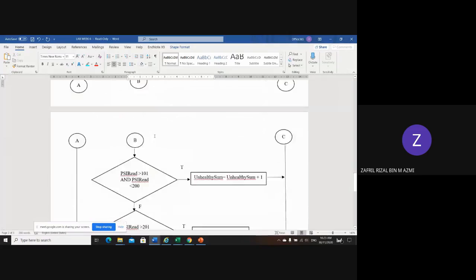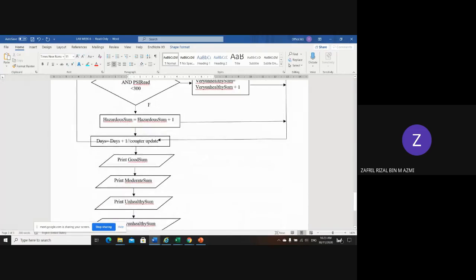And then, at the bottom of the loop is where you put the counter update. The counter update is similar to the counting equation; they are mainly the same thing.